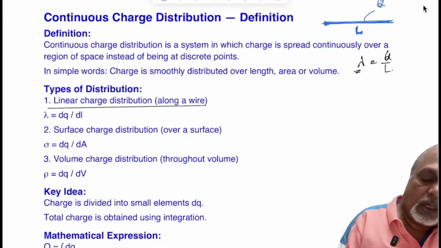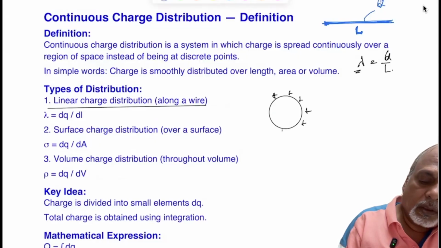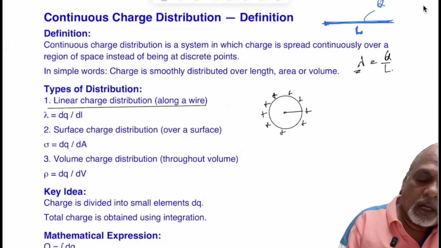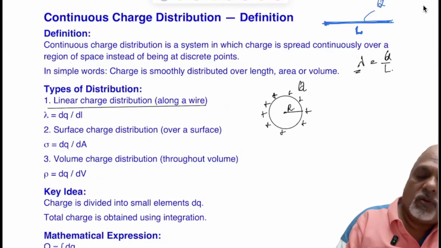There can be a situation where suppose there is a metallic sphere and charge is distributed on its surface. Its radius is suppose R. Then suppose you have total charge as Q, then what is the surface charge density?